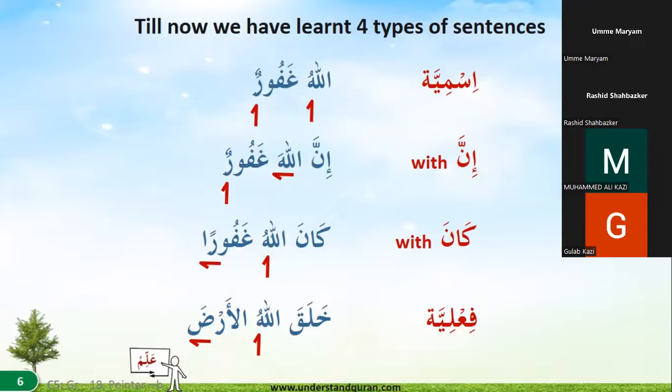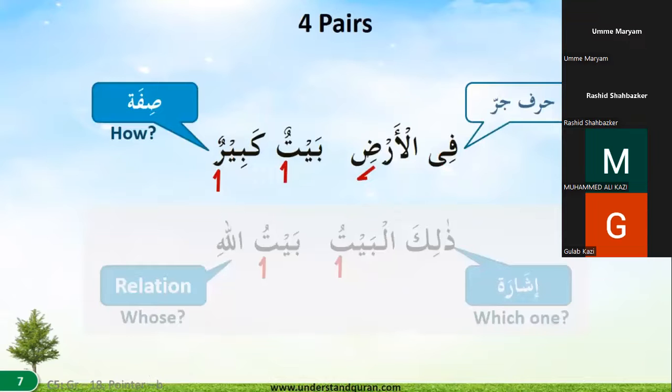With kana and a verbal sentence, the difference is that this works like mudaf ilayh kind of thing. So the Allahu will have a dhamma here, like in a verbal sentence, but it is like subject predicate in the formation. So harf jar fil ardi, the kasra after that is in jar state.